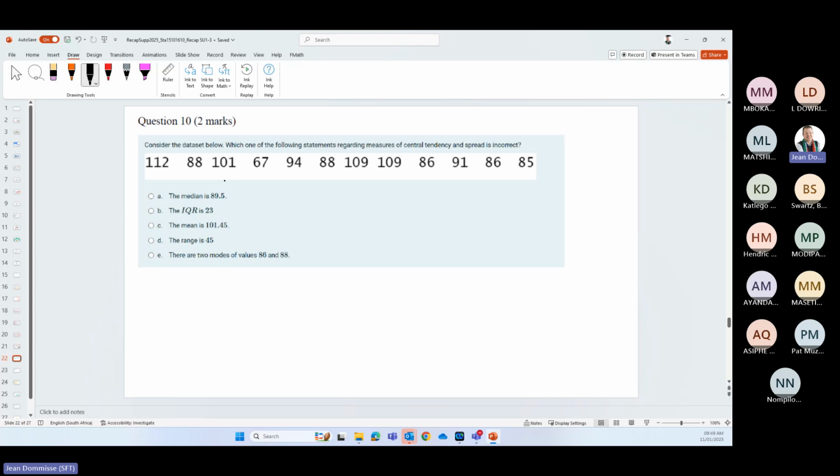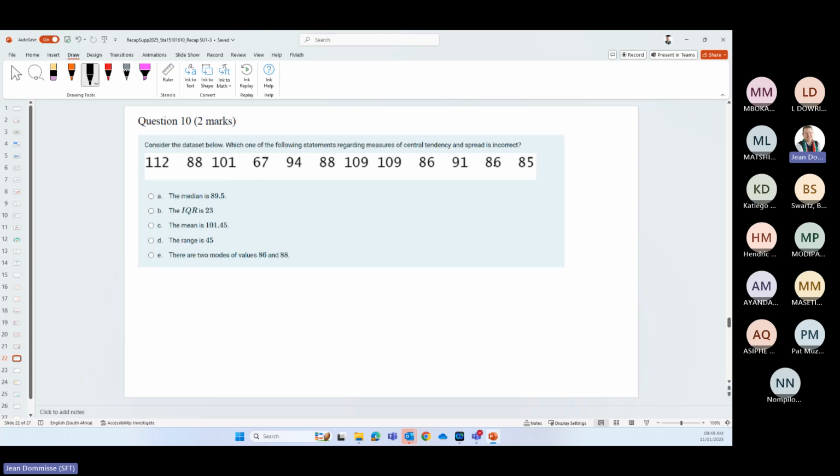Things that you might do wrong if you don't order the data: you might get the minimum and maximum wrong, and then you might get the range wrong. The mean will not be a problem. The median you might get wrong because you are saying somewhere here in the middle and it might not be. So it is very important that we order the data first.